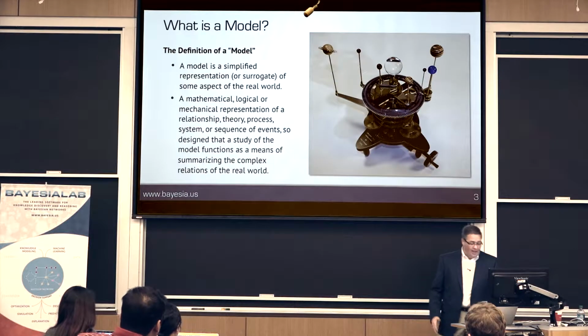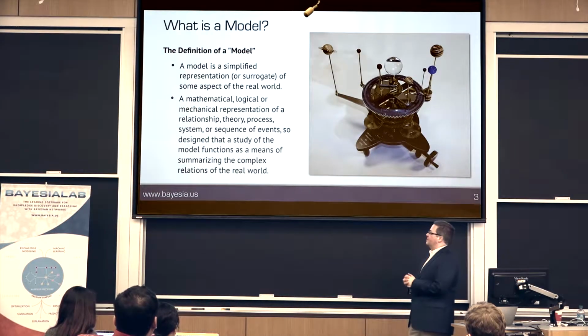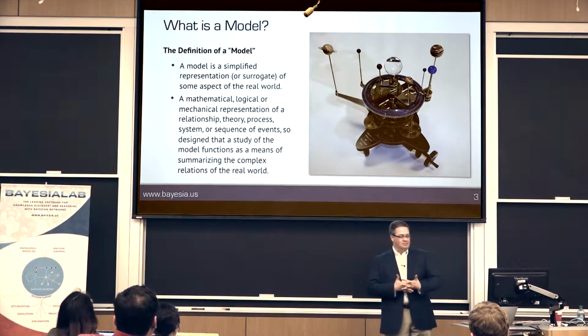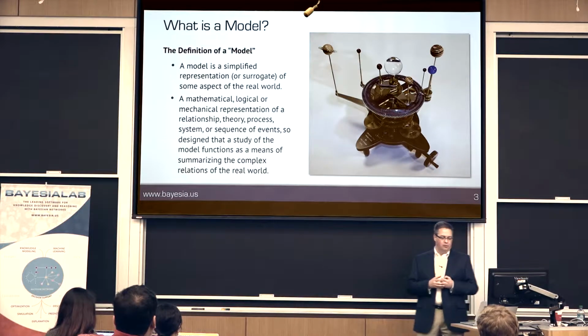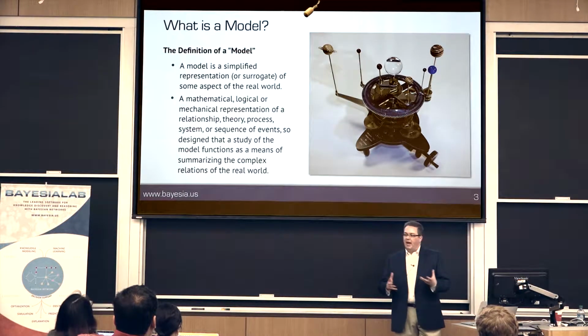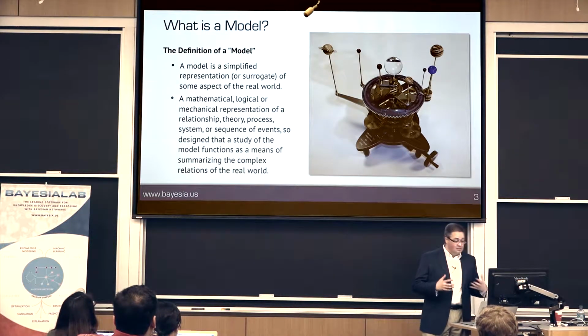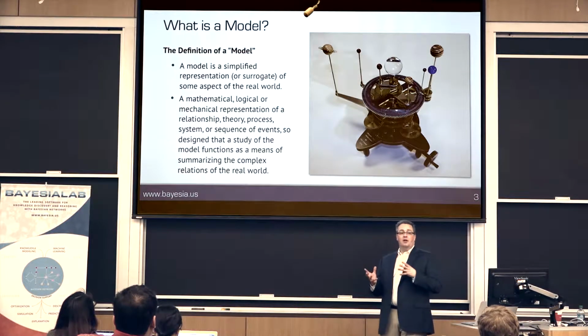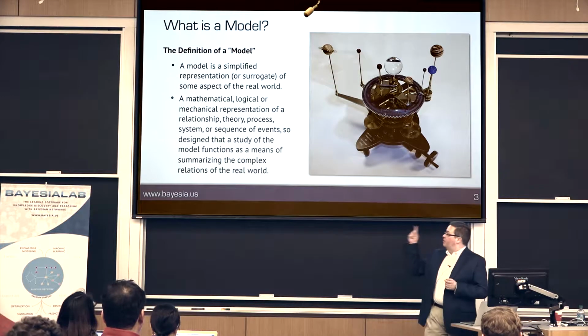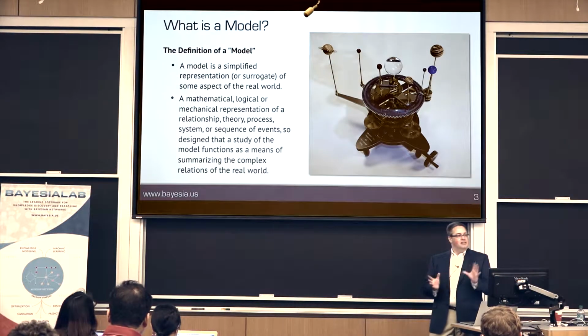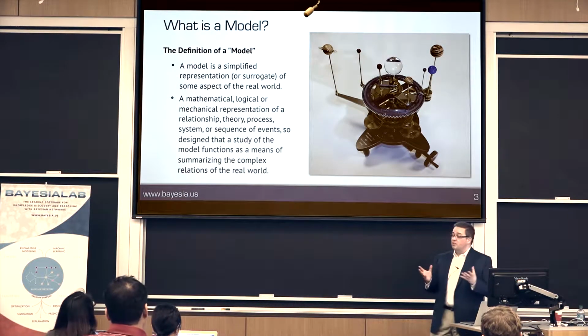So, what is a model? This may sound like almost stating the obvious. A model is a simplified representation of some aspect of the real world. It can be mathematical, it can be mechanical, a representation of a process, of a system, of a sequence of events, etc. I put up this picture of a model because it's different than the typical models we see.